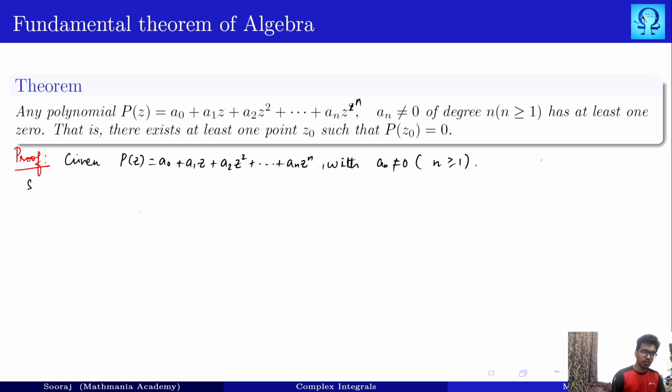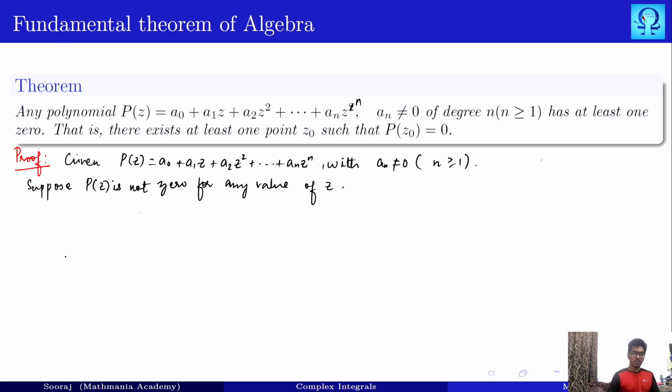Now let us suppose p of z is not 0 for any value of z. This is the supposition that we are making. It means we are trying to go with the contrapositive approach, right?